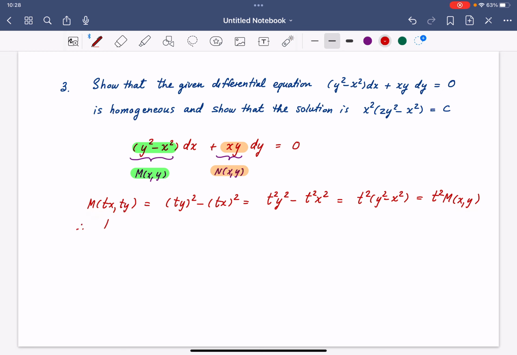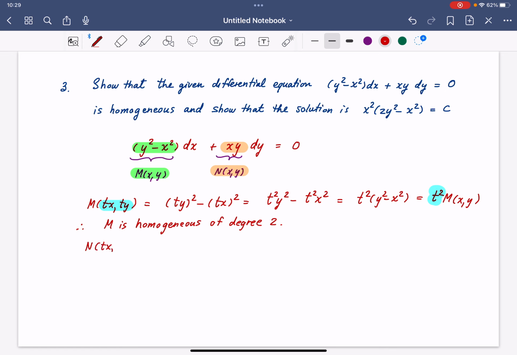This means M is homogeneous of degree 2, right? Because you plug in here and then you get t². And then you hope that when you do the same thing with N, you're going to have the same degree.